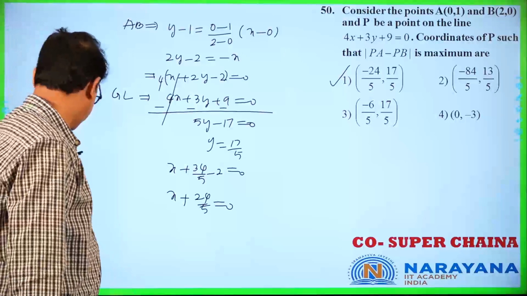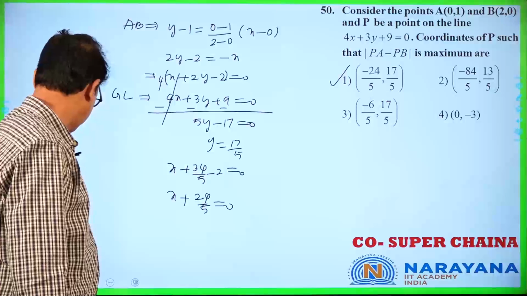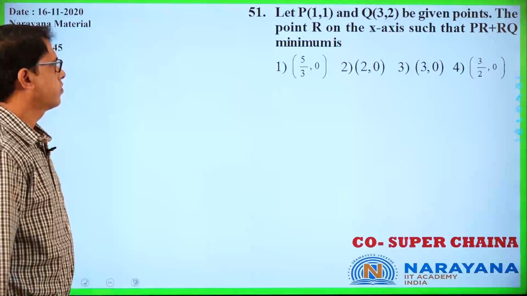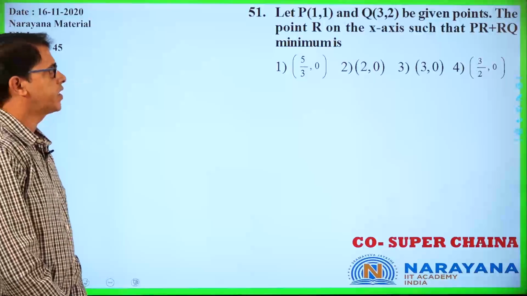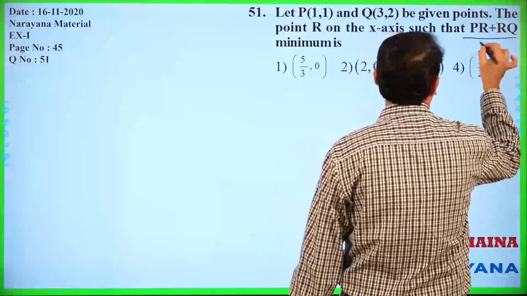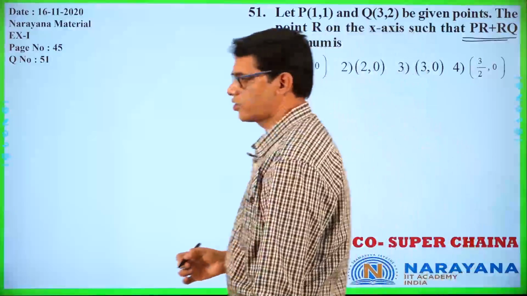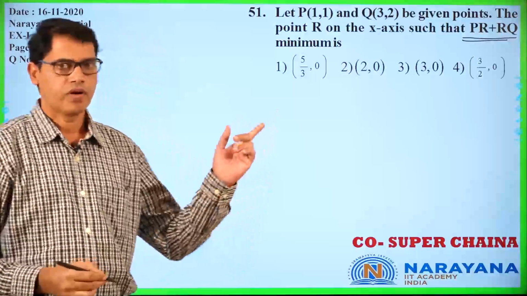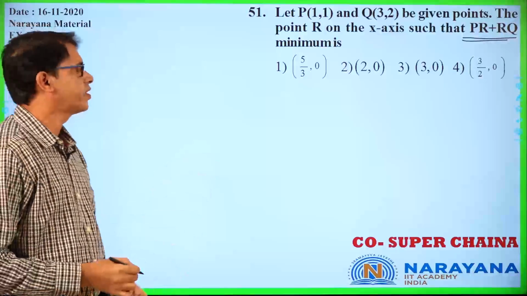Then the next one. Again the same pattern, but here the condition is PR plus RQ, the sum, is a minimum. Their difference was maximum; now the sum is a minimum.